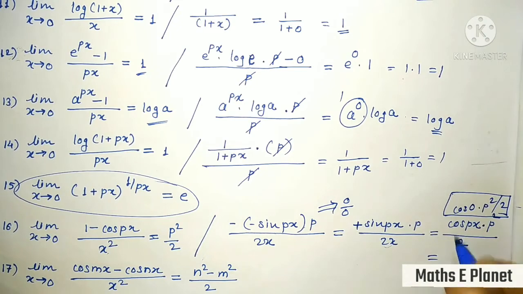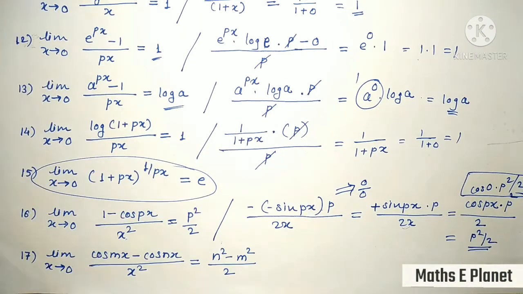Cos 0 is 1, and 1 into p square by 2 is p square by 2, and hence the answer. And in the last formula, limit x tends to 0, cos mx minus cos nx divided by x square, the answer is n square minus m square divided by 2.